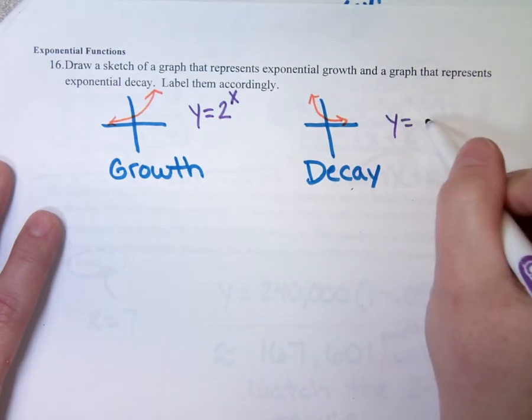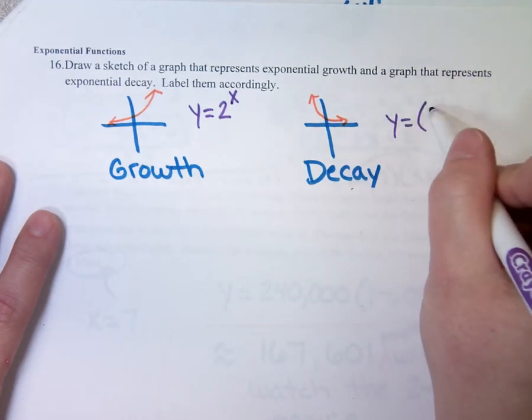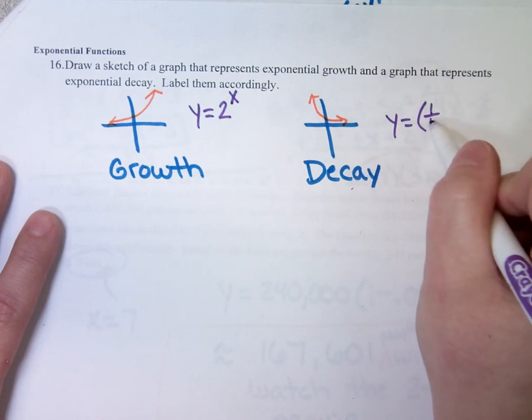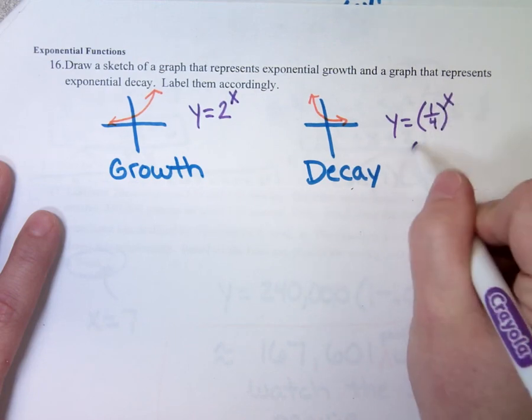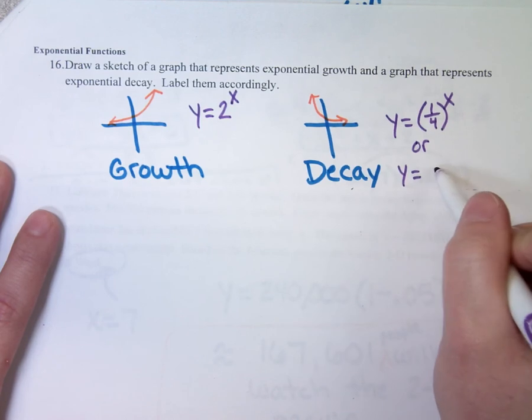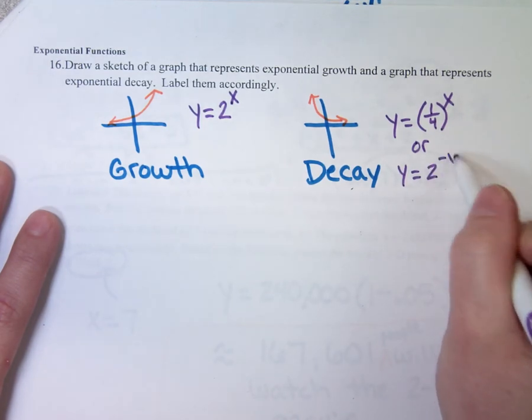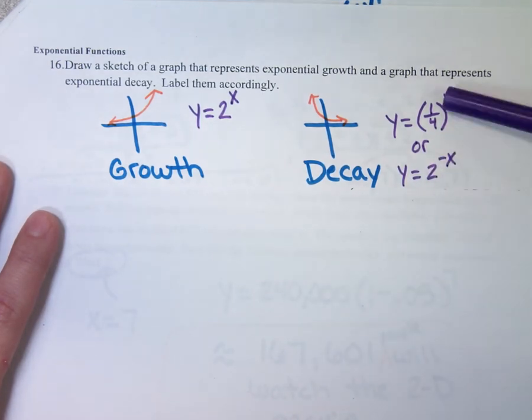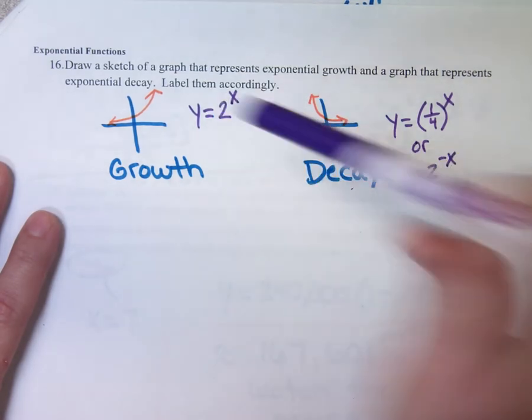Decay is when the base is a fraction somewhere between 0 and 1, say 1/4, or decay can happen when your exponent is negative. So these could be equations for decay, and this is an equation for growth.